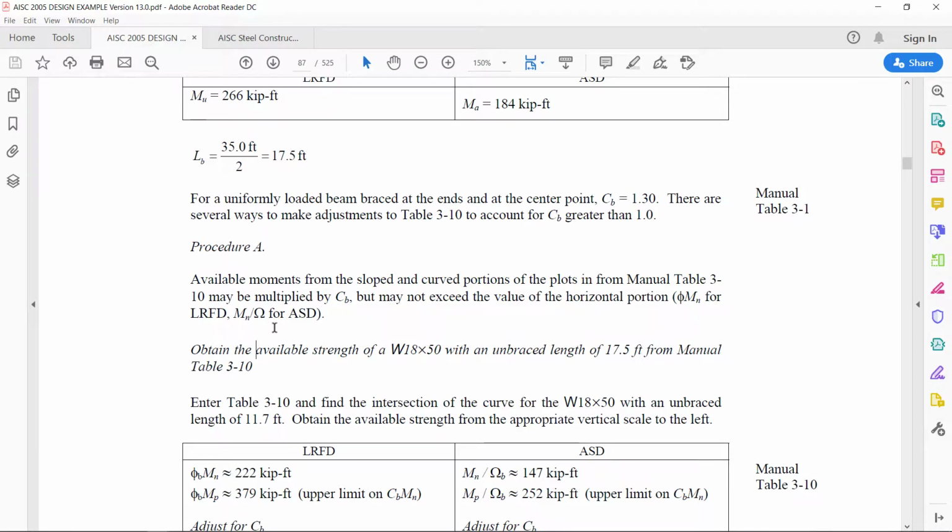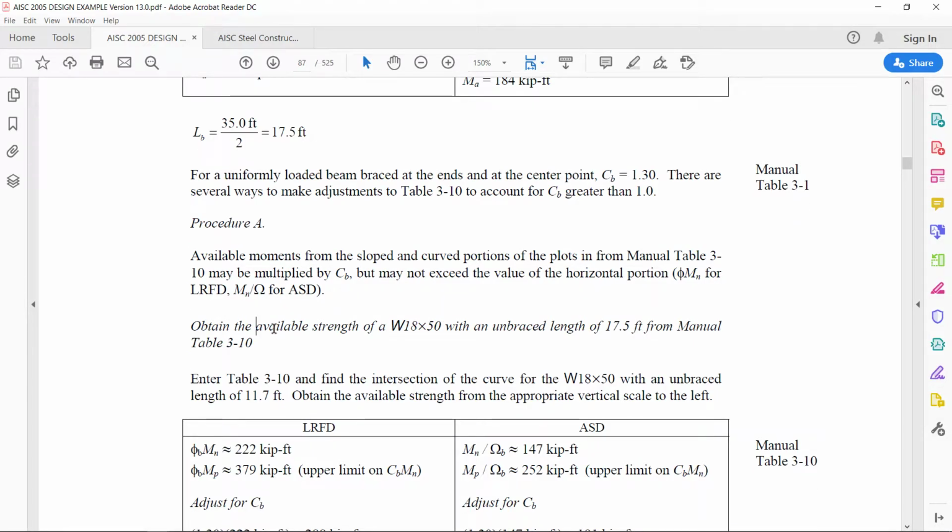Now to obtain the available strength for W18x50 with an unbraced length of 17.5 feet from the manual, we have to go to table 3-10.